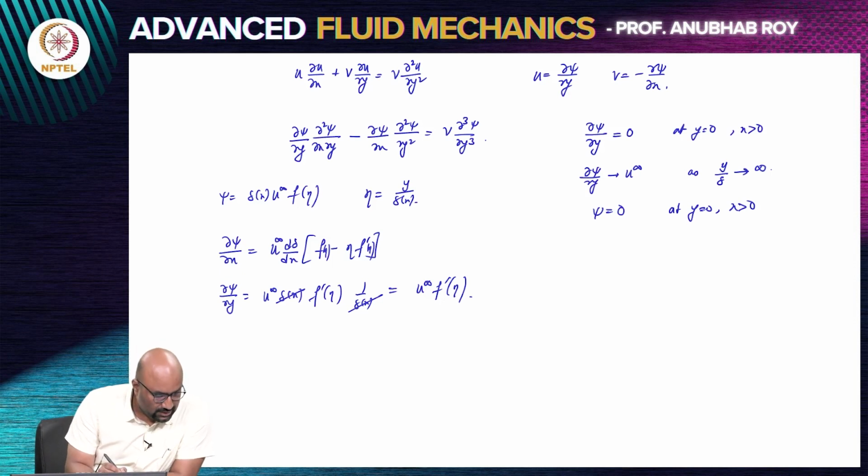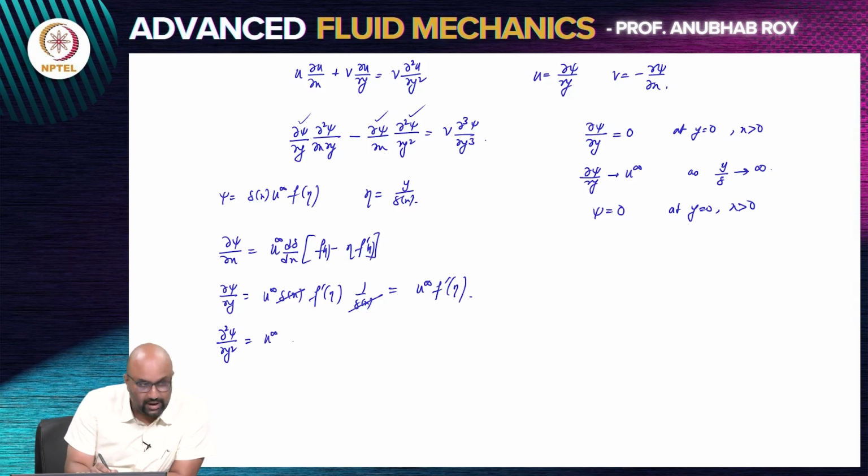Okay, now let's do other terms. Dou square psi dou y square. We have dou psi dou y done, dou psi dou x done, dou square psi dou y square. Let's do that. So that's going to be taking a derivative once more.